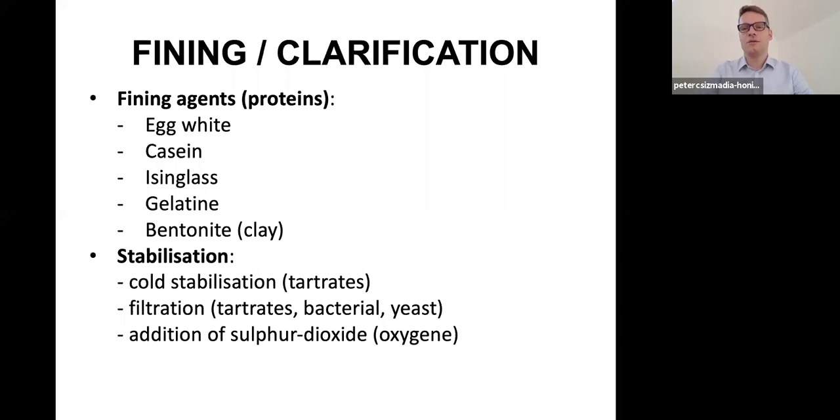Other materials can be made from milk, such as casein, or isinglass, for example, from fish. Gelatin can be made from bone or fish bone, and bentonite is a porous clay. Again, it can be used for fining the proteins.